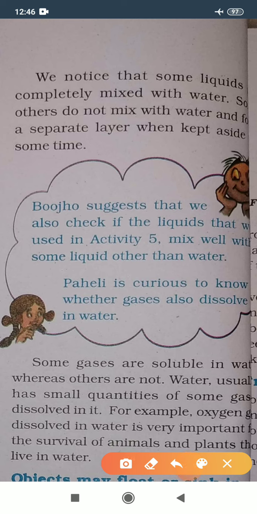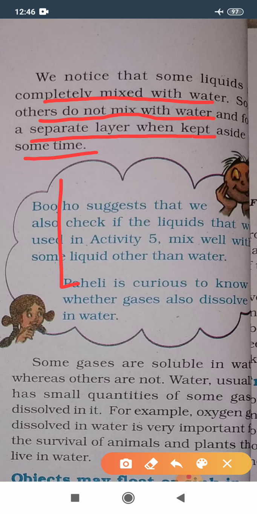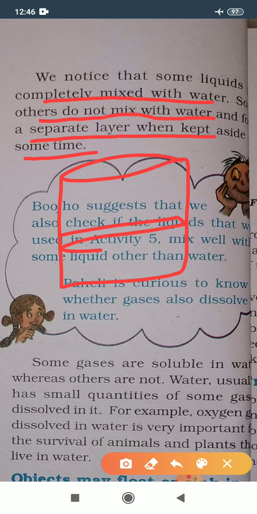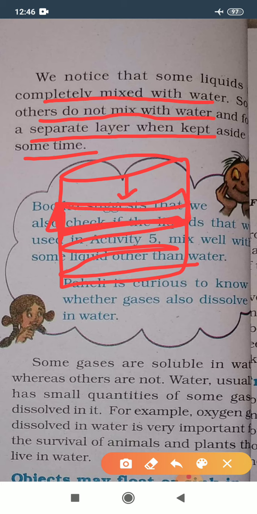We notice that some liquids completely mix with water, while others do not mix with water and form a separate layer when kept aside for some time. So you observe that if we take a glass, add 2/3 of water and add some oil in that, then the layer of oil will be observed in this glass.